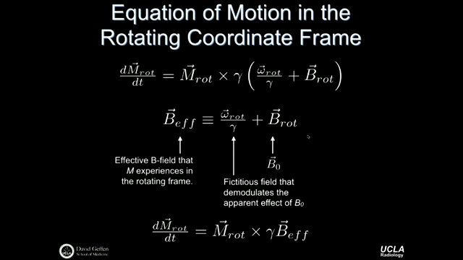So the bottom line is we have some different subscripts, but the equation mathematically still looks very similar to the equation of motion that we had in the lab frame. And the only trick here is we're introducing this so-called fictitious field, which effectively negates or offsets or demodulates the presence of our main B0 field. Because this term here should look a lot like the conventional B0 term, just from the Larmor expression.